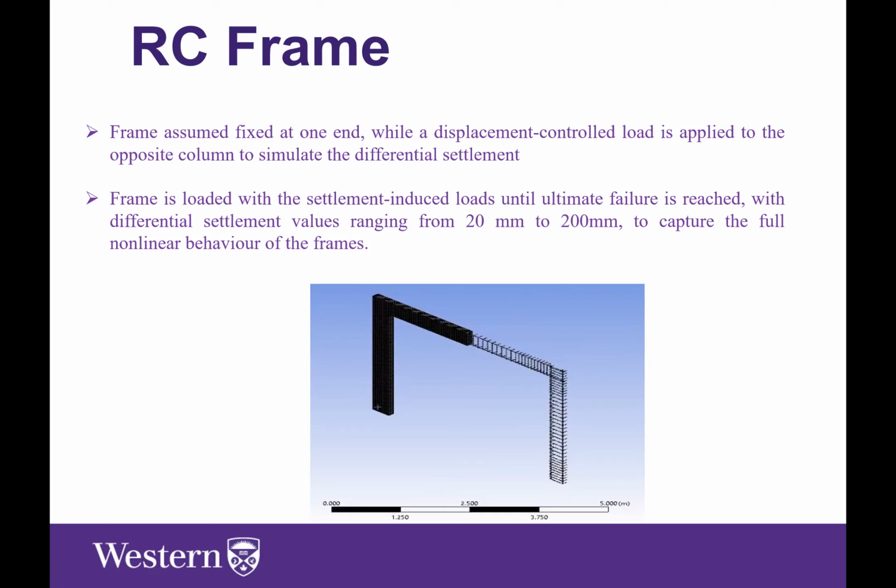However, I put that in to get the ultimate material failure. It would have to be a very severe case of differential settlement. I think even in Frankfurt, when they were doing the B2 tunnel, it was only 170 millimeters at the maximum area. So I know these loads are a bit exaggerated, but it's to capture the full nonlinear behavior of the frame.